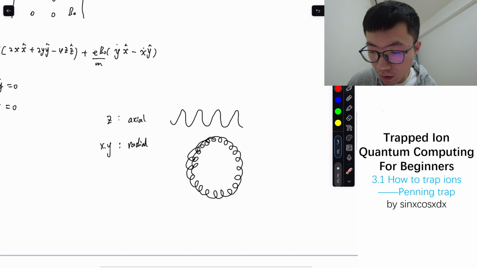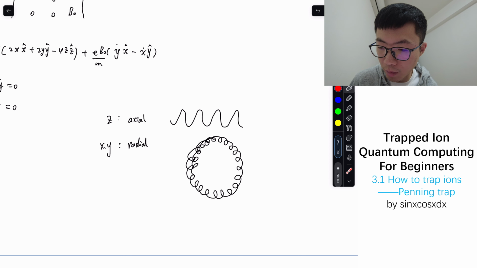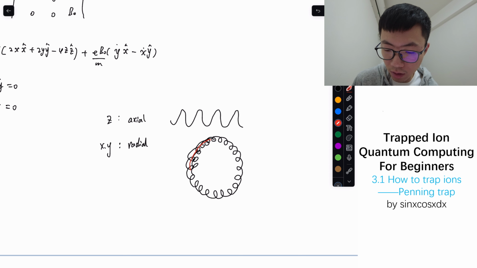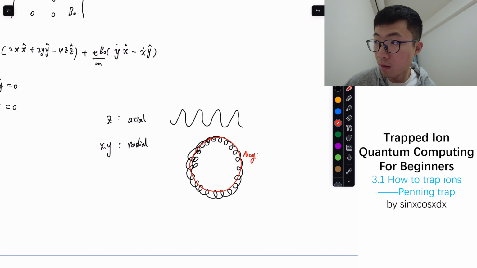As for this, the big circle is induced by the magnetic field. It's called magnetron. And the smaller circles are called cyclotron. It's just some small cycles.